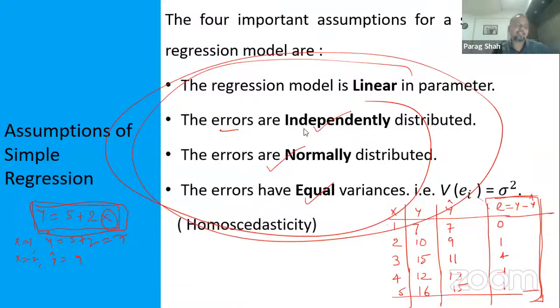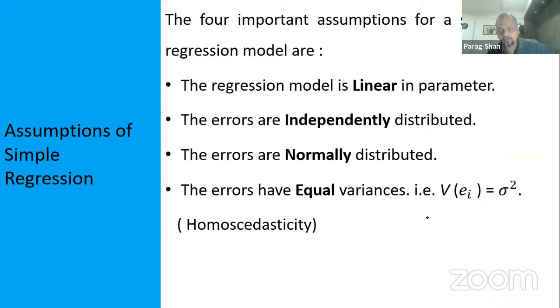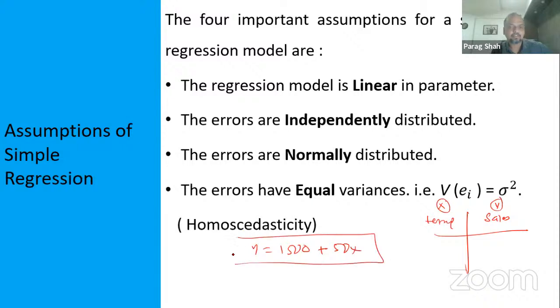Once you get the model, say for example, temperature and sales, X and Y, and I'm getting a model, Y is equal to say 1500 plus 50X, something of this kind. Then this is a model.